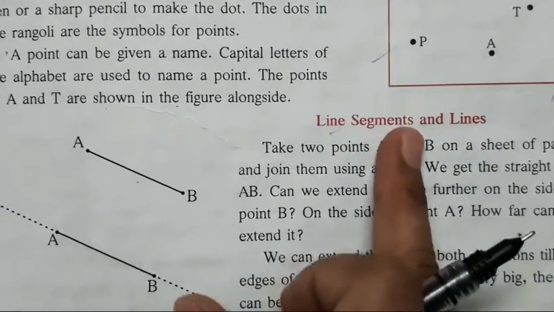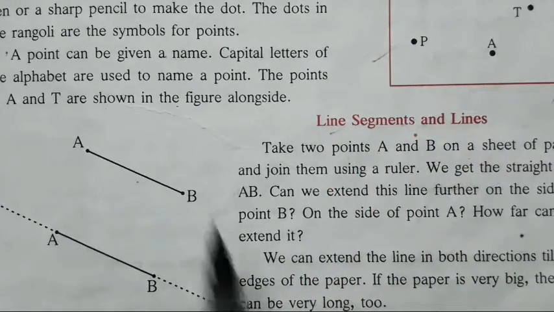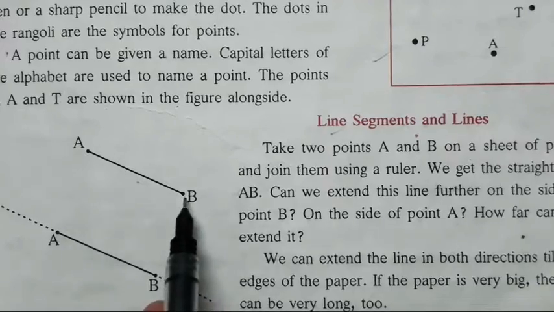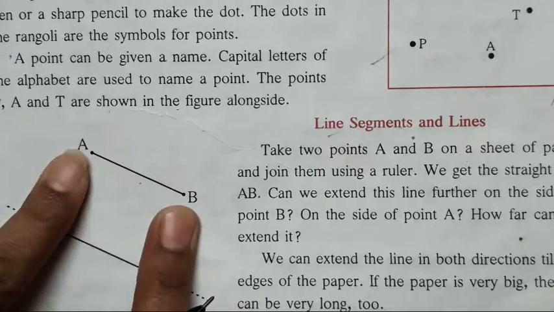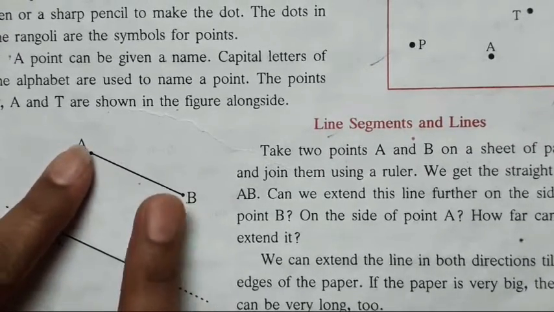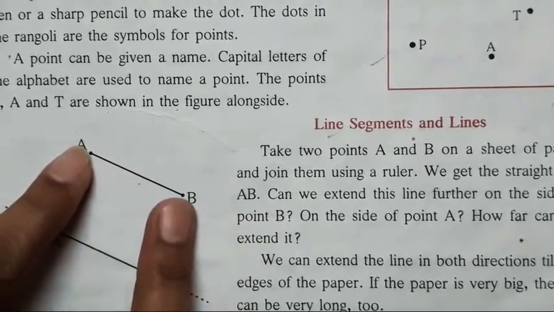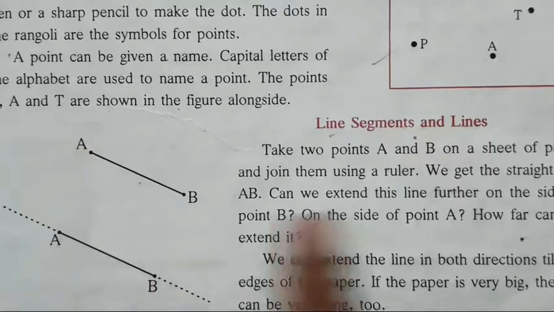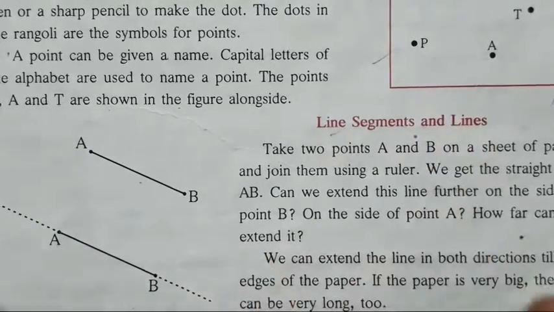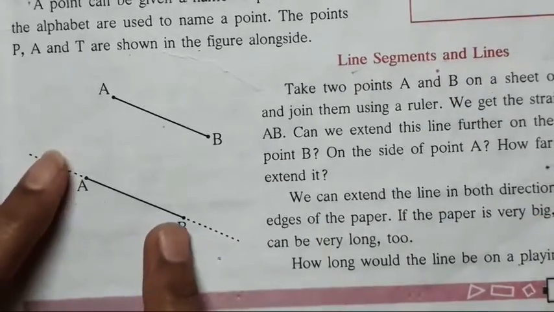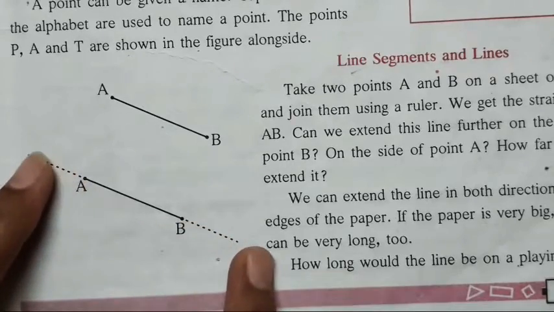Now there is a difference between line segment and line. Don't get confused. Line means which is being denoted by two single points, and it starts and ends. Any points which are starting and ending are known as lines. Whereas line segment means it can be extended.